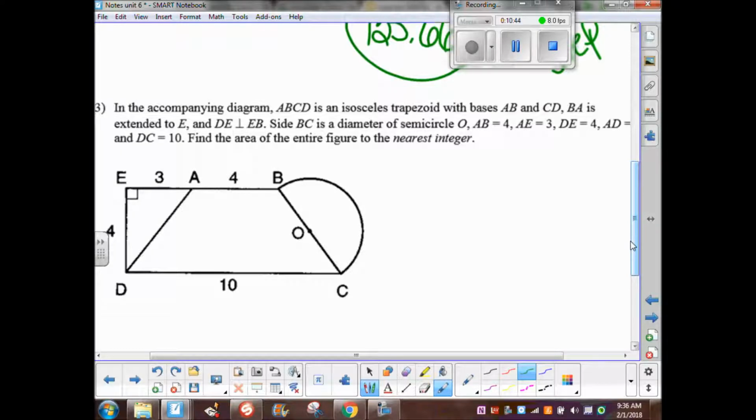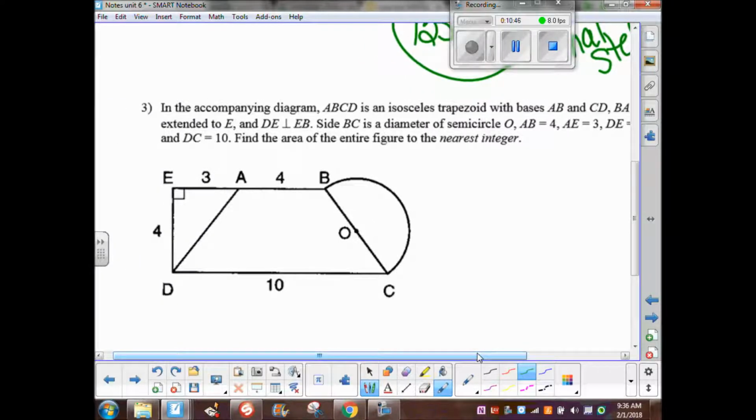All right, what do we see here for this one? Three shapes. Yep. And we see what? Triangle, trapezoid, and a half circle.